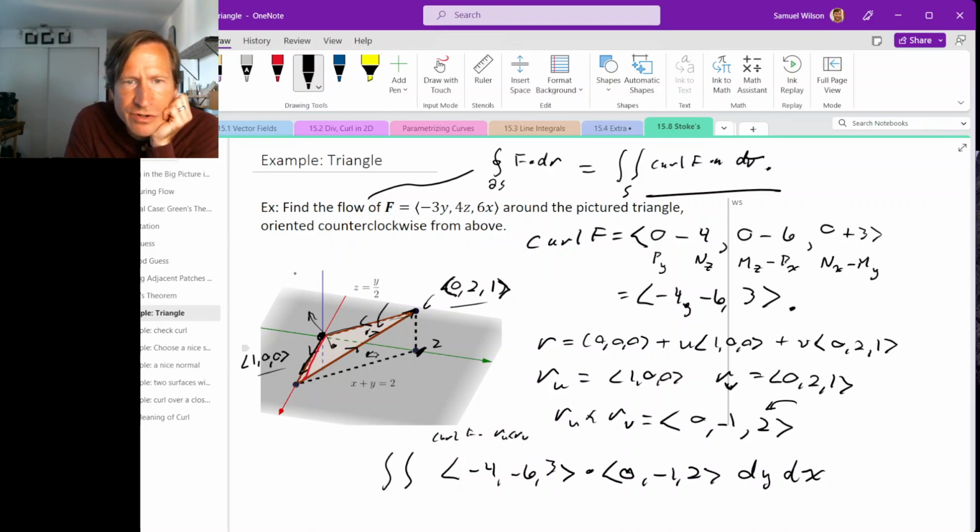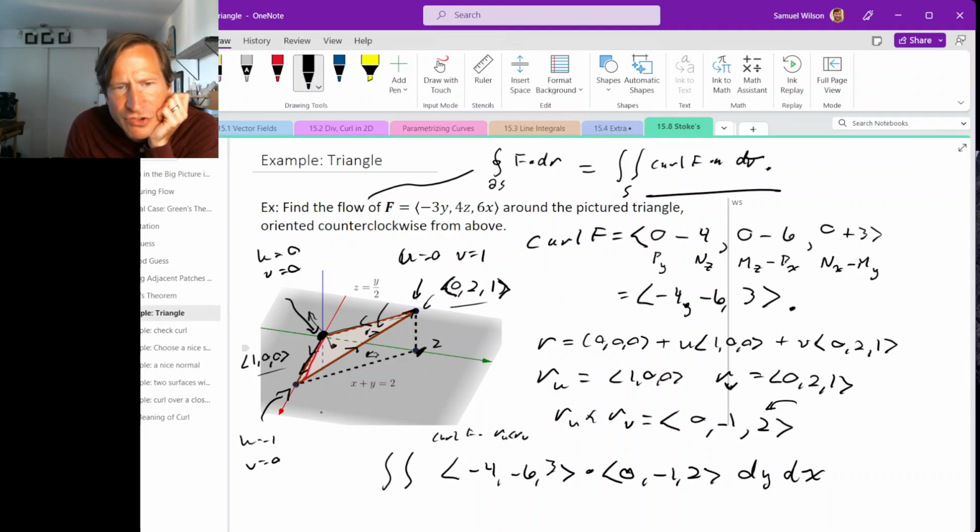When u is 0 and v is 0, that puts us at the origin. This point right here is where u is 1 and v is 0. And this point right here is where u is 0 and v is 1.